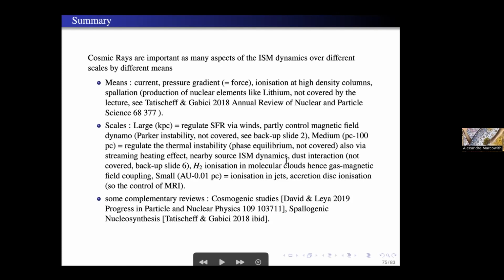The neon 22 abundance tells us that at least a fraction of cosmic rays are accelerated in Wolf-Rayet stellar winds. I don't remember exactly the amount, but it's of the order of at least 10 to 20%. So we know that stellar winds are contributing somehow to the cosmic rays.